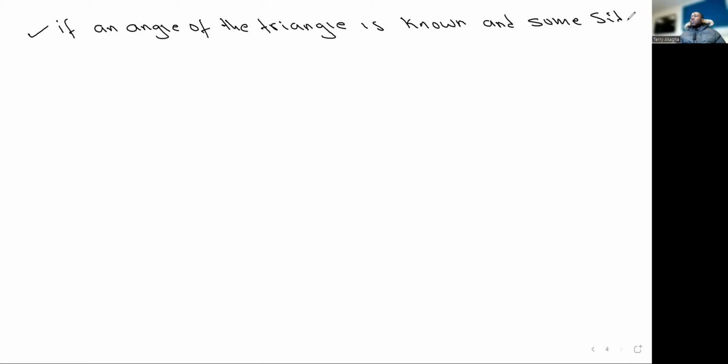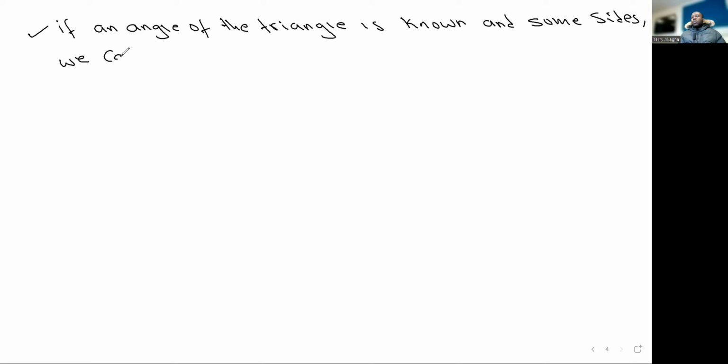So if an angle of the triangle is known and some corresponding sides, all right?